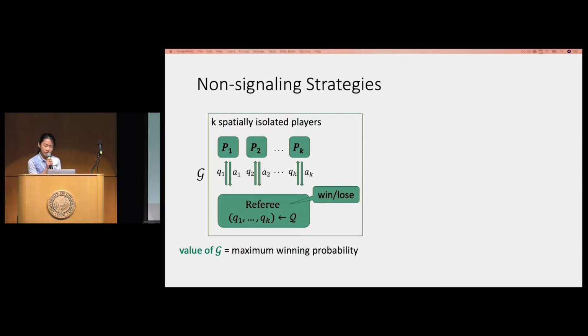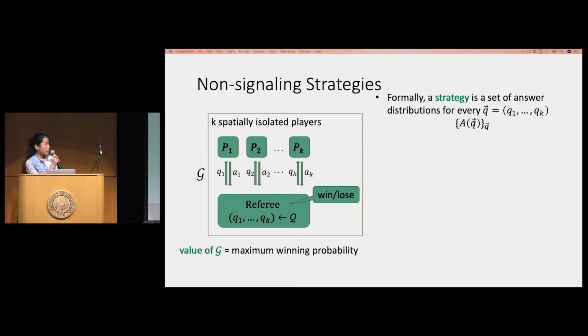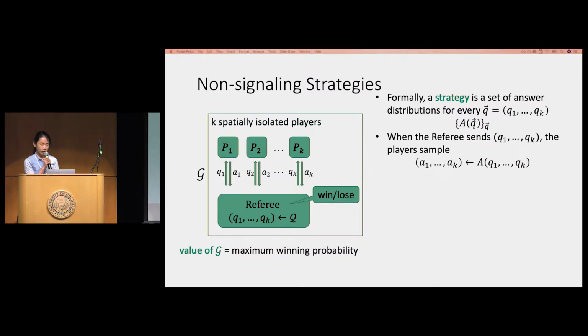Let's talk about non-signaling strategies more formally. A strategy is just a set of answer distributions, one for every set of queries. When the referee sends a vector of queries, Q1 through Qk, the players sample some set of answers from the corresponding distribution and send those answers back.